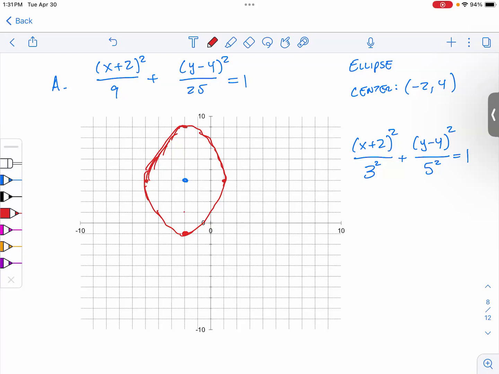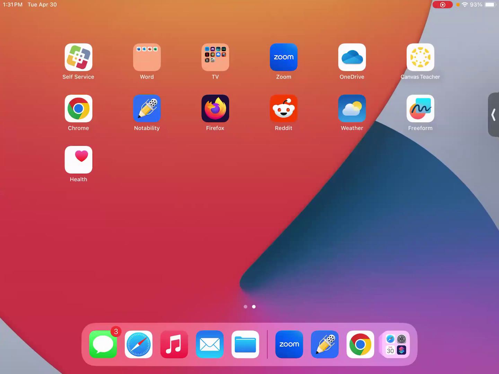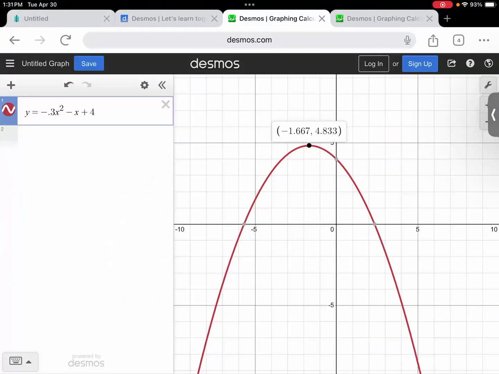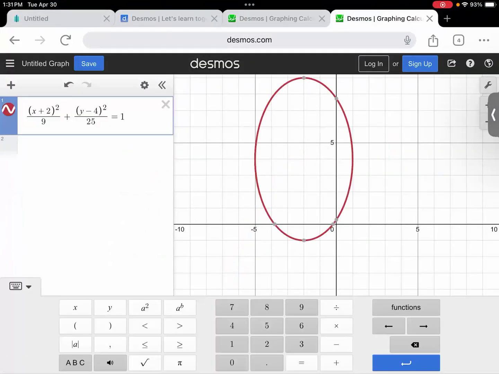Let's just verify this is what Desmos is for. So I put in those coordinates. All right, let's see if we can identify our center. Now notice, does it say where the center is? No. Okay, so Desmos is nice, but ideally you could figure out where the center is.